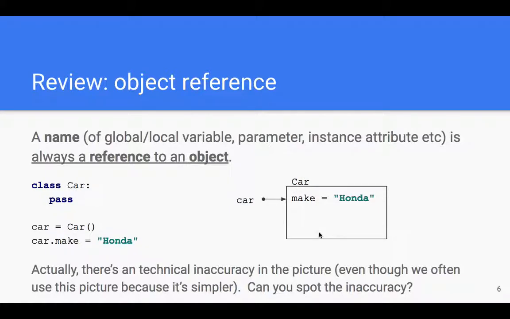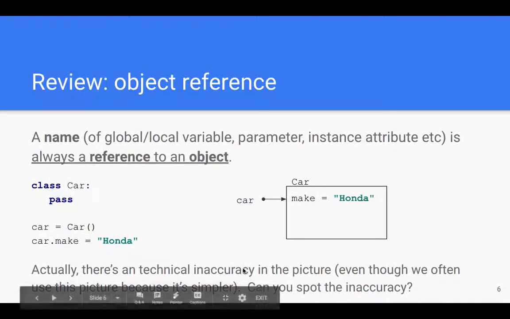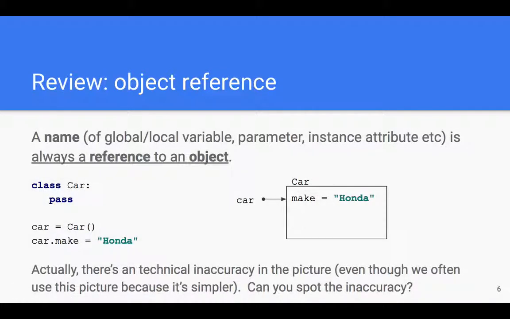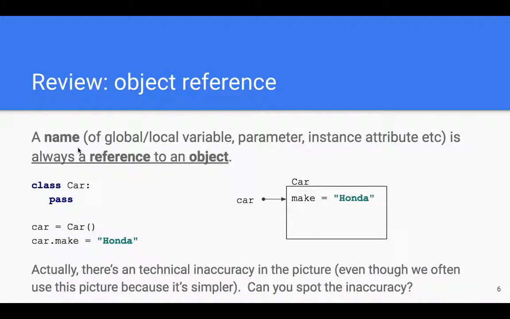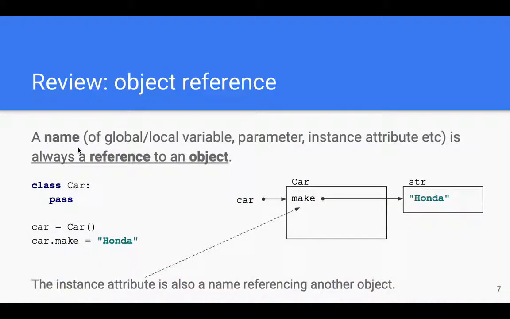Now, I know I showed this picture last time. There is actually a small technical inaccuracy with this picture. There's something that's not quite right with it. Can you see what that is, given what I said about what a name is? The inaccuracy is that make is the name of an instance attribute.